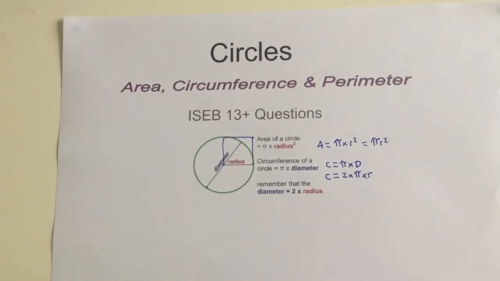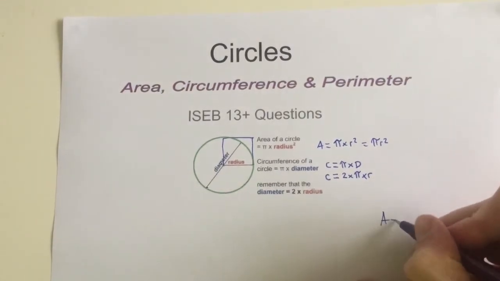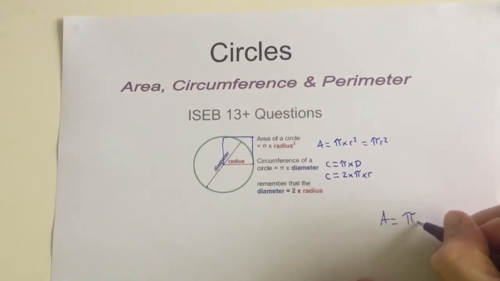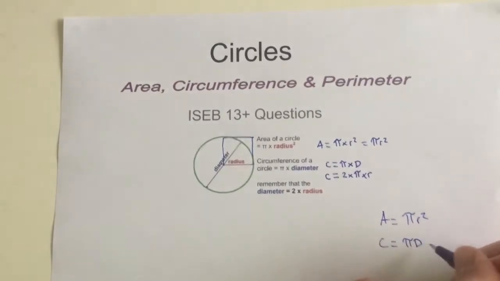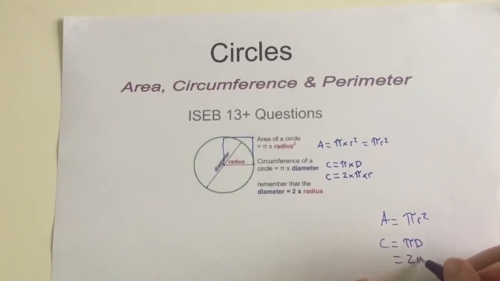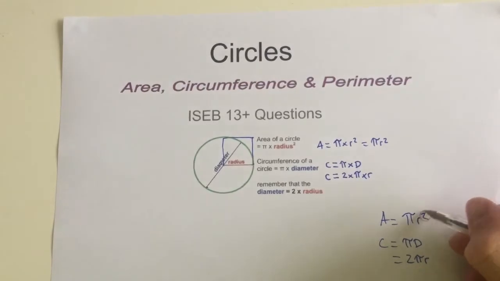And these 2 equations, formulas, you need to know. So area equals pi r squared and circumference equals pi d, or 2 pi r. Now how are we going to remember that? Well, I always remember it because of this little squared thing.